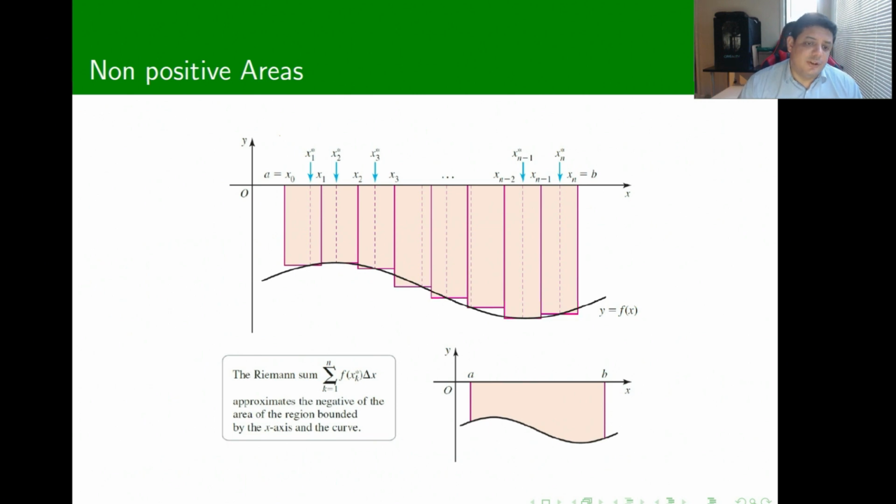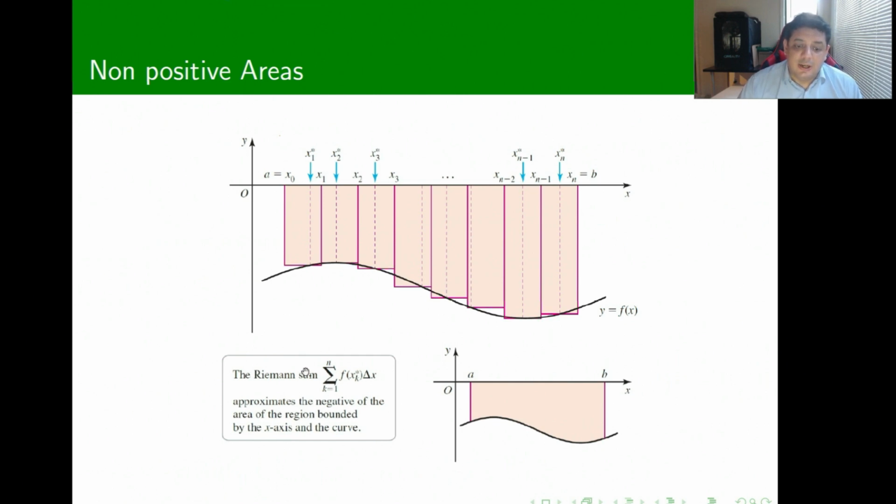So now the general idea of this is going to be the same if I go for a function that is below the x-axis. Notice that I can always make my partition, find my x_i values. In this case, I'm going for a point maybe in the middle or on the left side. It depends on where I want to choose it.